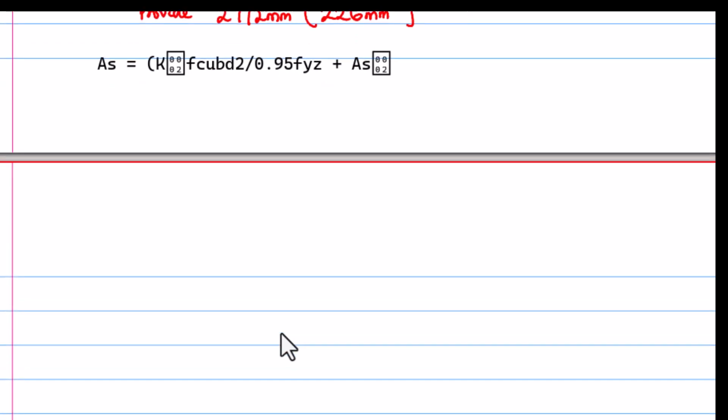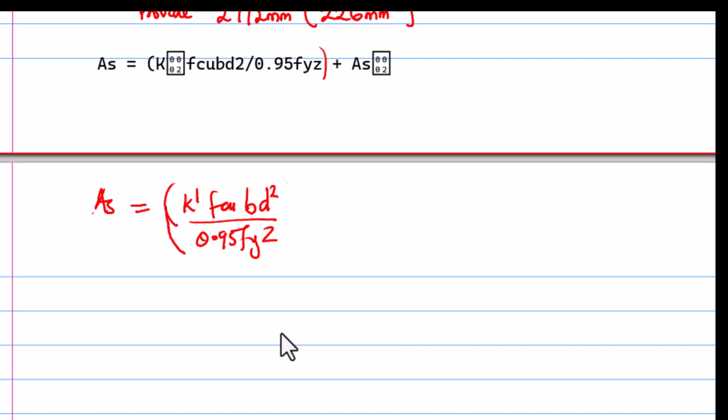Okay, so I'll now come here, my AS equals brackets open K prime FCU BD squared over 0.95 Fy Z. Then we should have a closed bracket here, so I'm going to close this bracket plus the AS prime that we got initially.